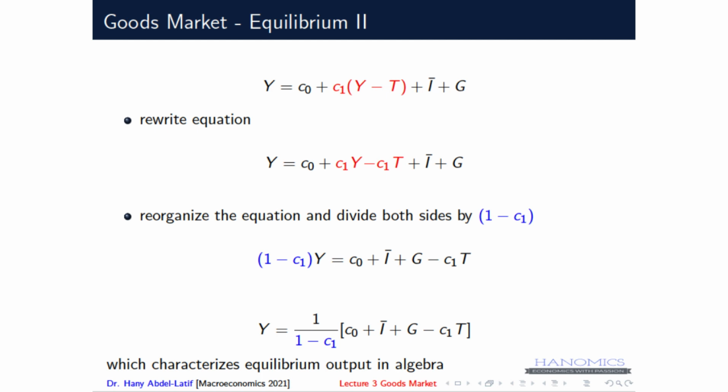This is some level of consumption that does not depend on the income level, or Y. I bar, we assume to be exogenous. It's not determined in the model, so it does not depend on Y. The same assumption we made about G, and minus C1T. So this is the equilibrium output using algebra.